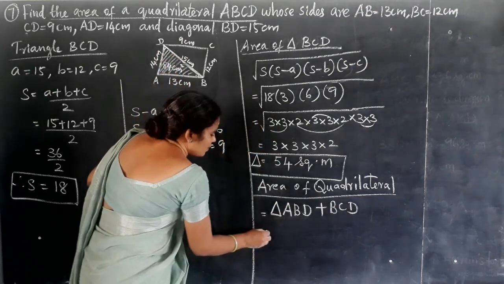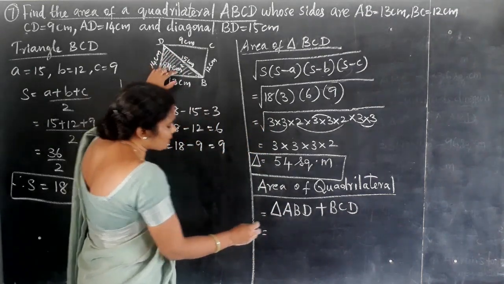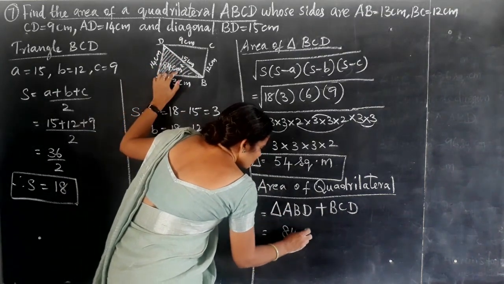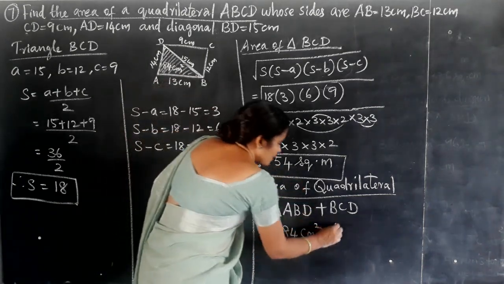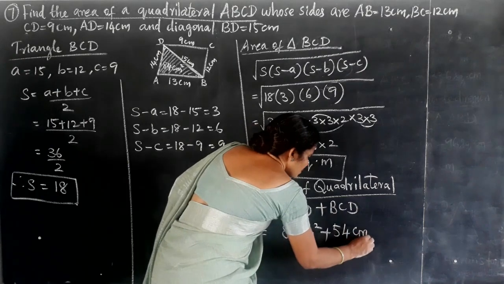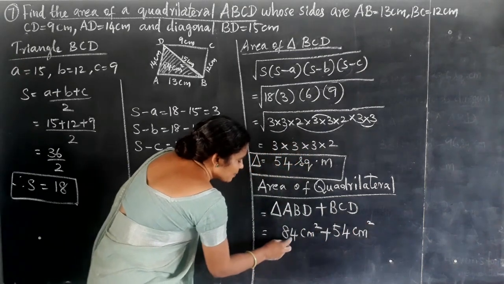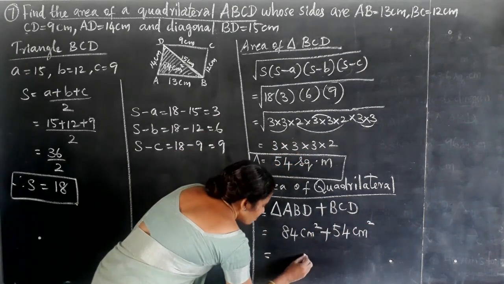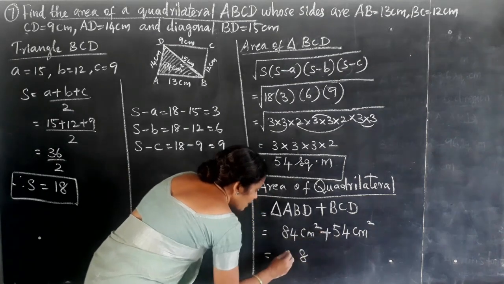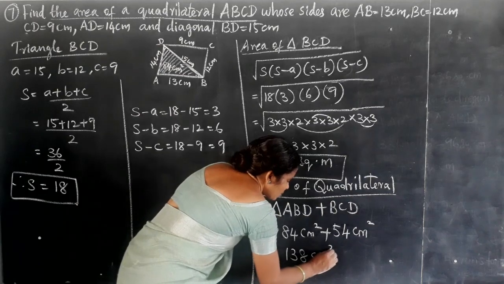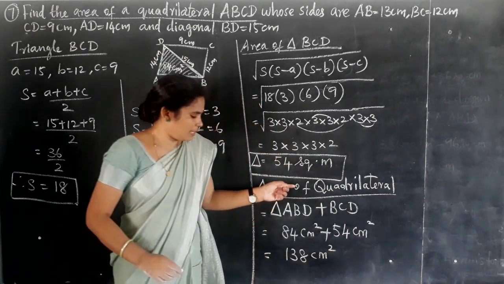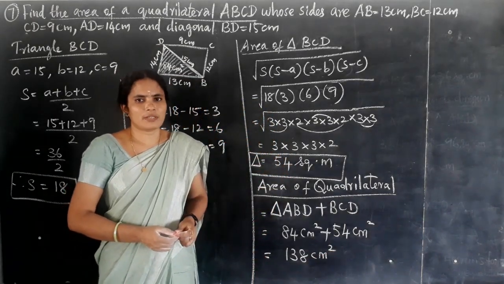So ABD is equal to 84 centimeter square plus BCD is equal to 54. Now add both the triangles. So 4 plus 4 is 8, 13. So 138 centimeter square. So the area of the quadrilateral is equal to 138 centimeter square.